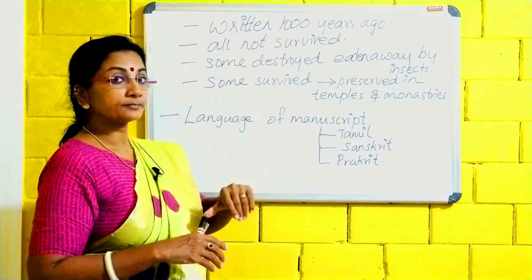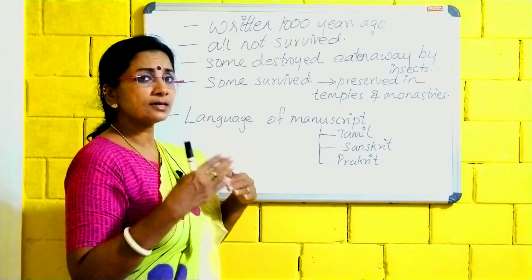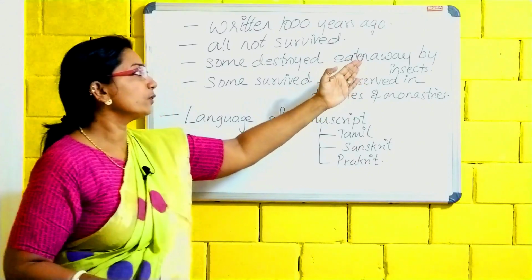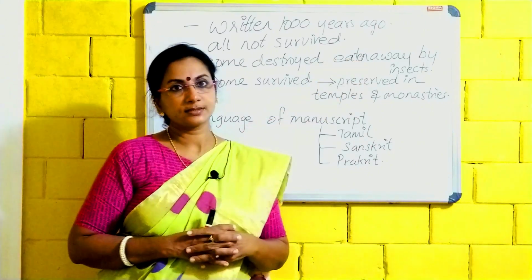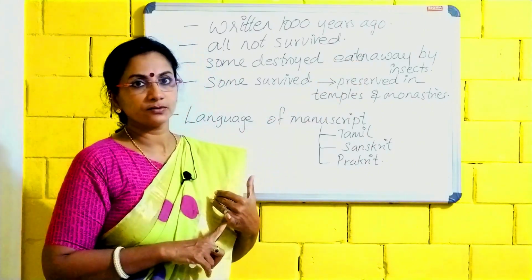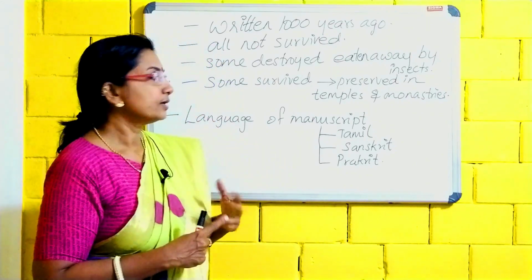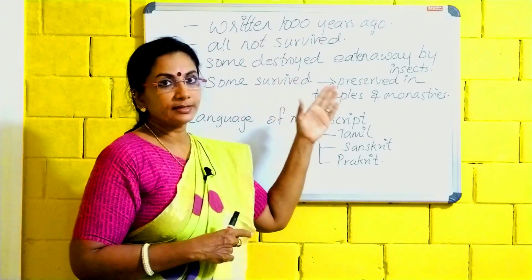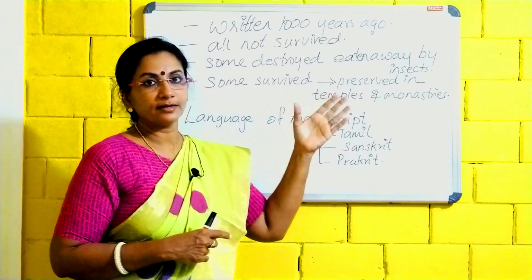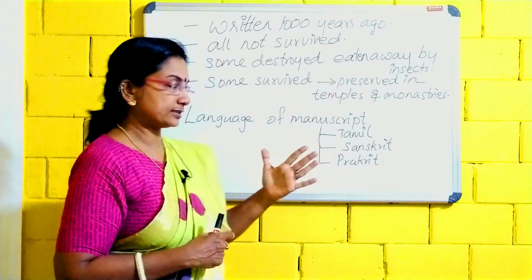But some are destroyed, eaten away by insects. We know it was written on palm leaves, and others on birch, the bark of a tree. So these leaves and this birch were eaten by some insects.